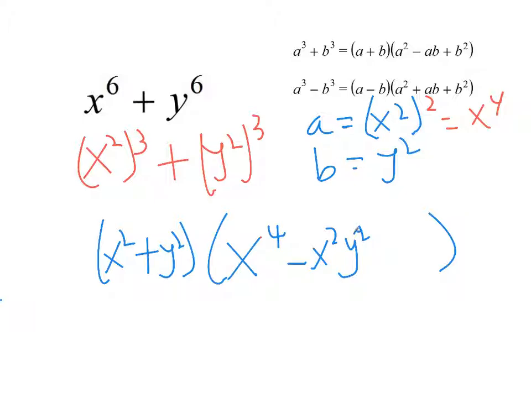That's ab. And then when you do b squared, you're going to square this. Sorry, this pen is not working well. That will be y to the fourth, so I'm going to put plus y to the fourth over here. All right, and that's that.